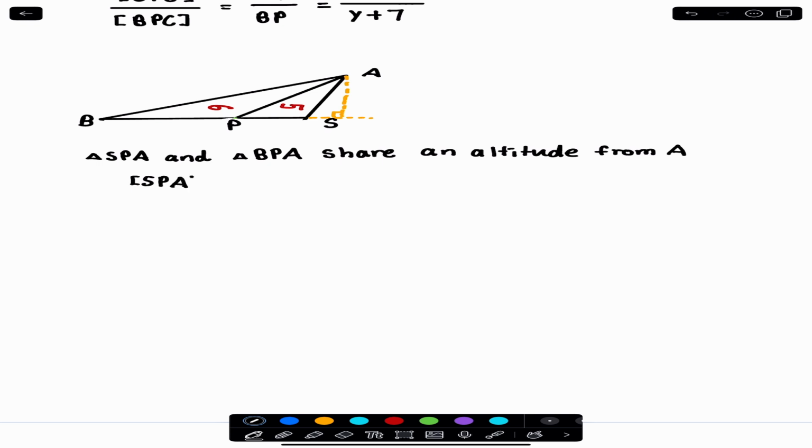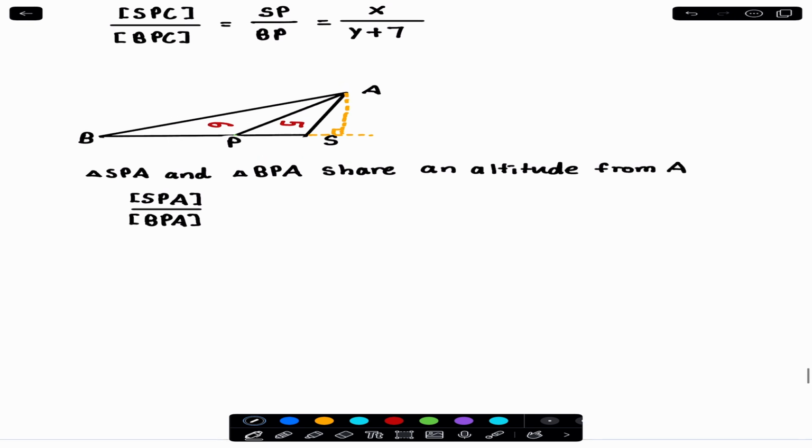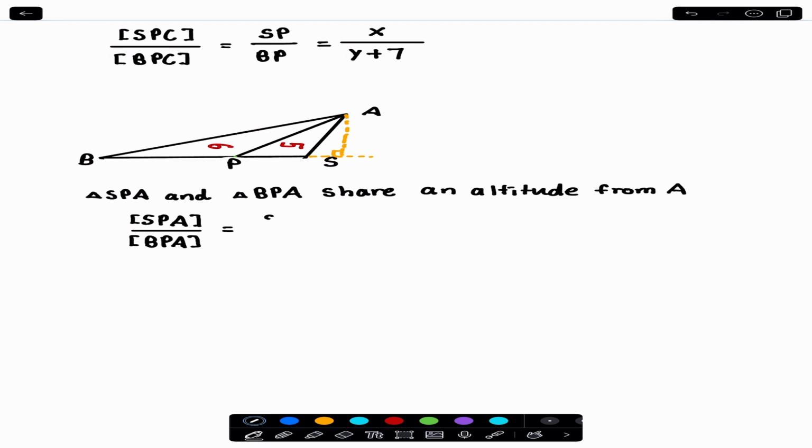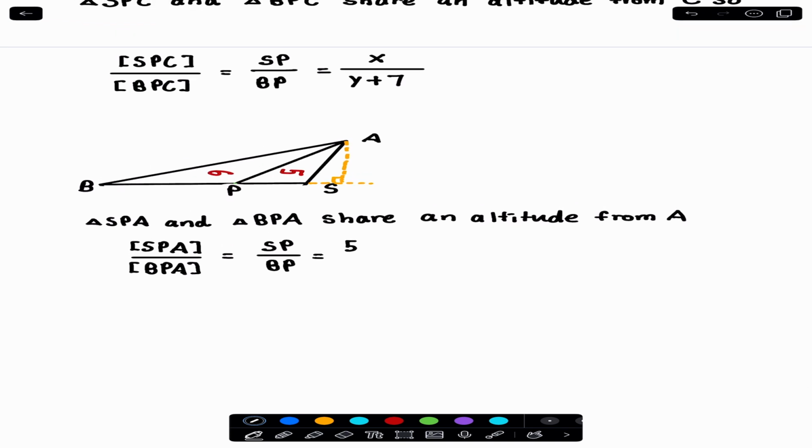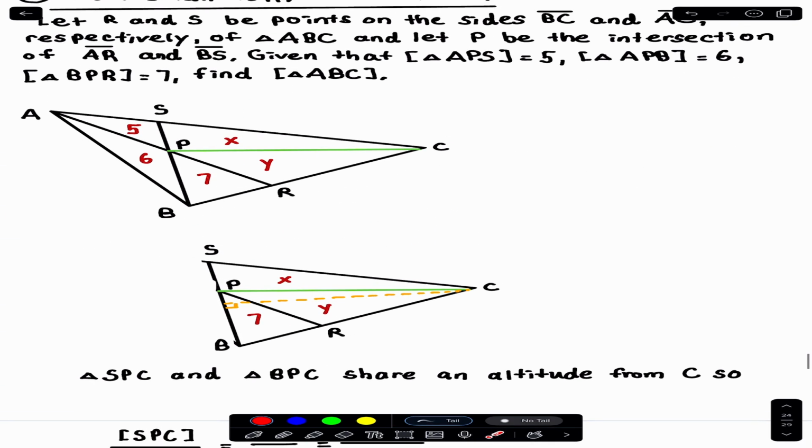This means we can relate these two areas like this. So notice we get SP over BP again. The area of SPA is 5 and the area of BPA is 6. So yes, notice the reason we're getting SP and BP again is because they are lying along this line.